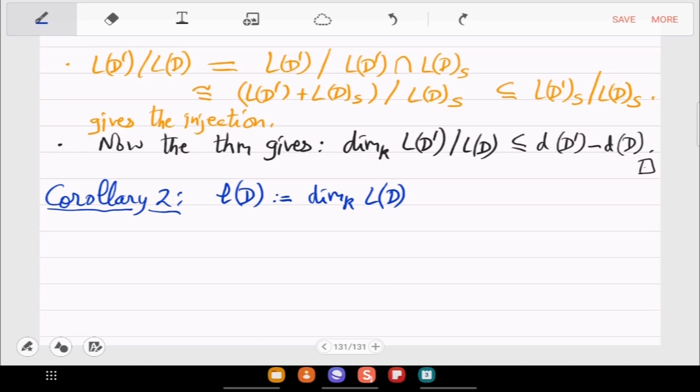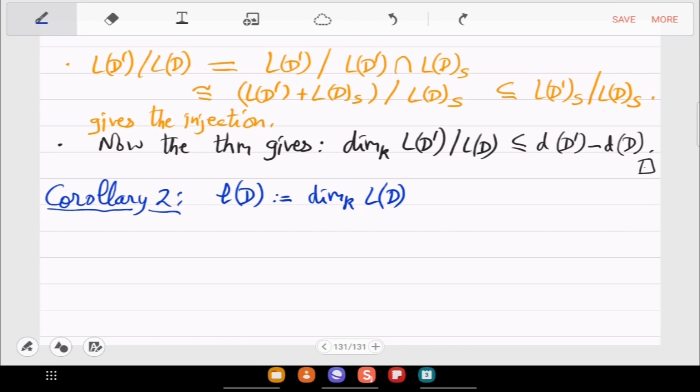Because till now I have given you no reason to believe that the LD sheaf is a finite vector space. It was just a collection of rational functions which have poles no worse than D. So these could also be infinite. I mean, the dimension. Definitely the functions are infinitely many, but even the vector space can be infinite dimensional. Everything can be infinite. So corollary 2 says that actually this is finite. It's a finite dimensional vector space.